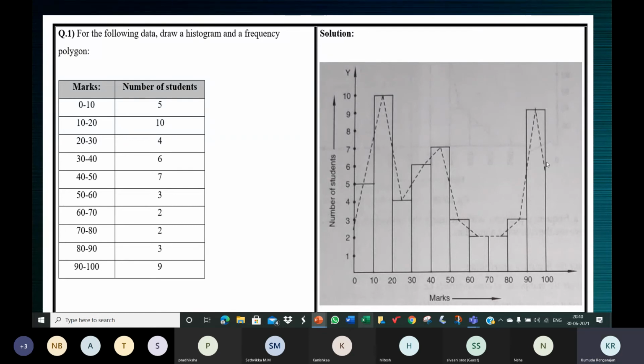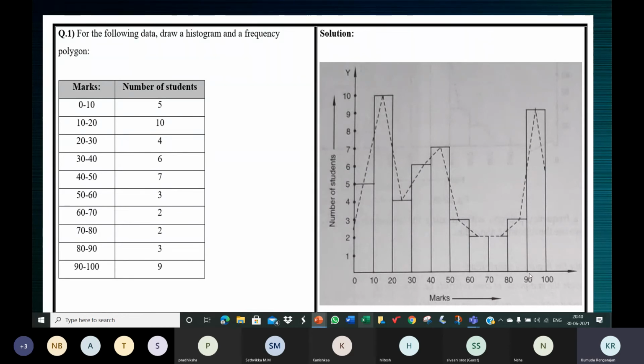A polygon is a closed figure made up of line segments. This is the polygon, made up of line segments. The polygon is closed with respect to the x-axis. It's a closed one, not only these dotted lines.